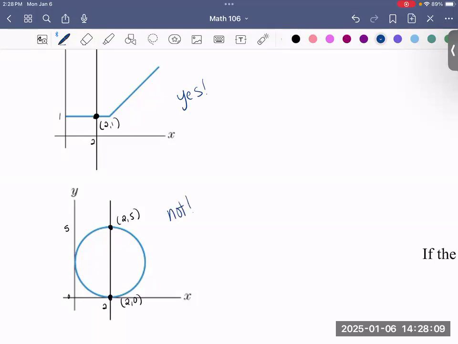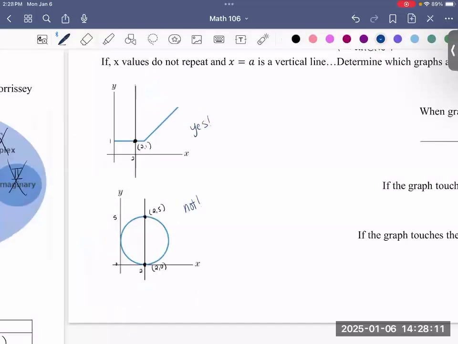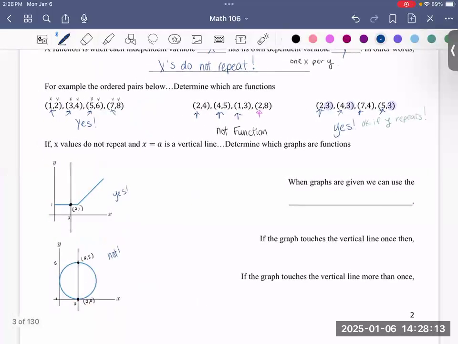Therefore, if we were to come up with an idea, right? Generalization. When graphs are given, we can use our vertical line test. If the graph touches the vertical line once, we can assume what? It's a function.